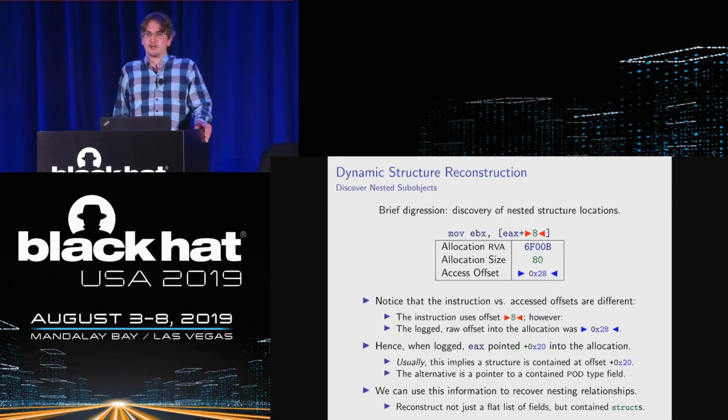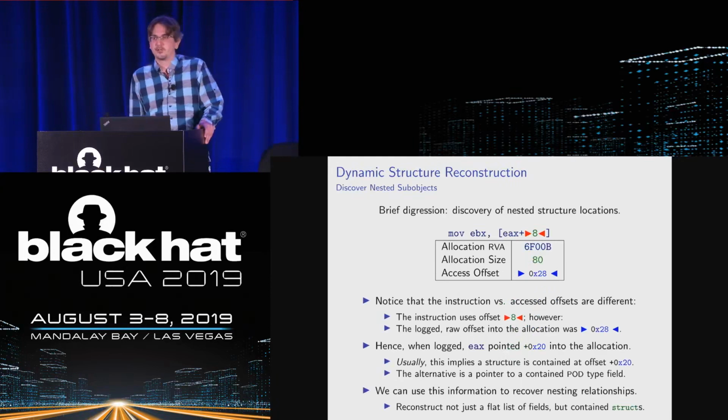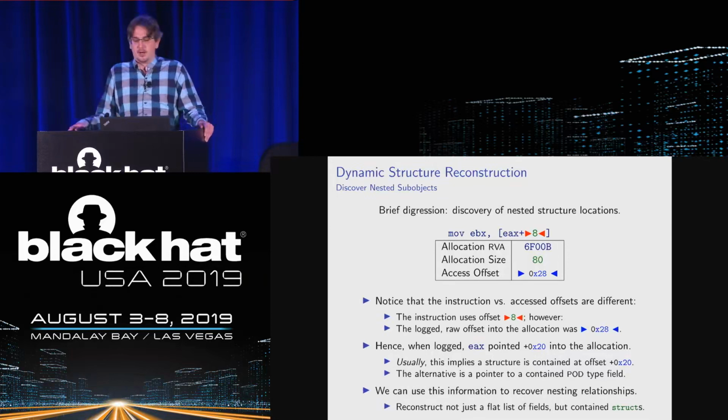A brief digression. In fact, through this process, we don't just discover a flat list of fields, but we can discover nested structures contained within other structures. For example, if we observed the access that we see on the top of the slide here, the x86 instruction has EAX plus 8, whereas the recorded access offset is 28.